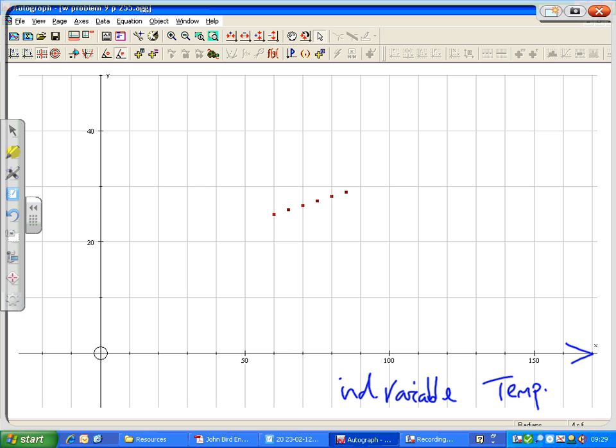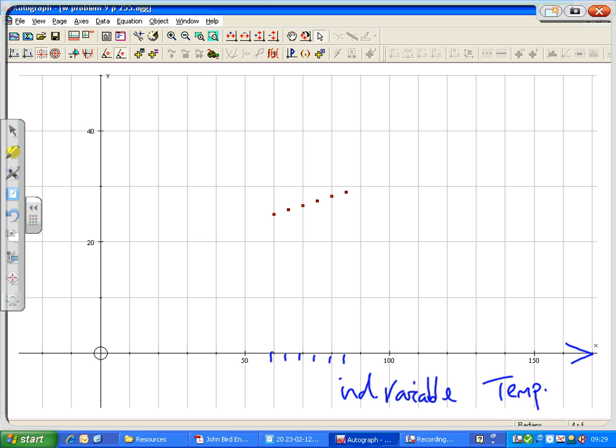When I looked at this problem in the data book, the first temperature is at 60 degrees C. We can see that first data point falling at 60 degrees C. The next data point is at 65 degrees C, 70, 75, 80, and 85 degrees centigrade. So in other words, we're controlling this variable. This is the independent variable, the one we're controlling, often called a controlling variable.